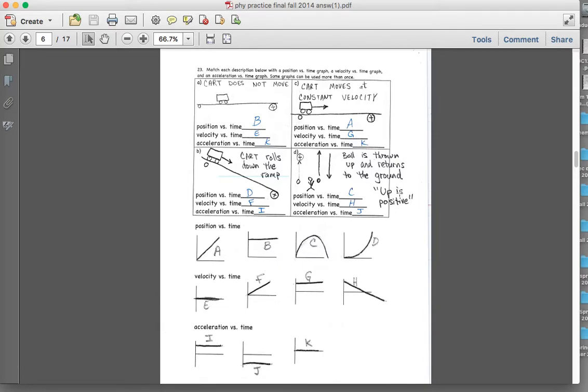Throw the ball up and down. Up is positive. So if up's positive, think to yourself, acceleration due to gravity should be negative. Given the choices, maybe this was an easy graph to match because it's the only one that has something moving in two directions. This slope is changing as well.